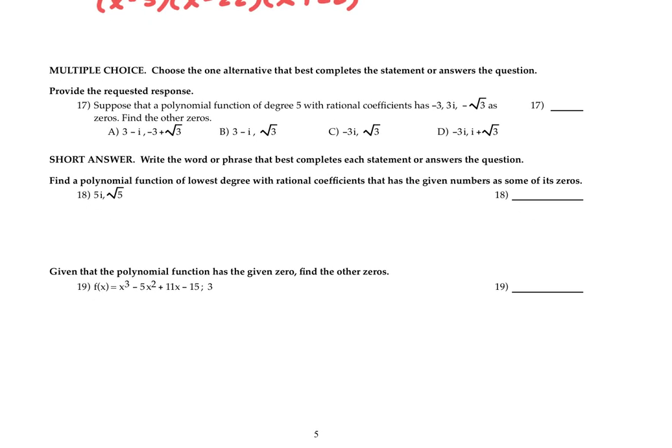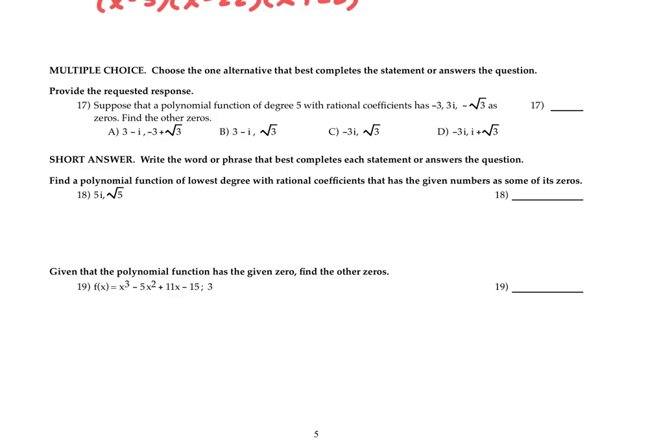Okay, on 17, this is that theorem that we talked about the other day. If I had -3 as a 0, does that also make +3 a 0? If -3 is a 0, then is +3 always going to be a 0 along with it? No. The only time we do the conjugates is if we have an i or a radical. Okay?